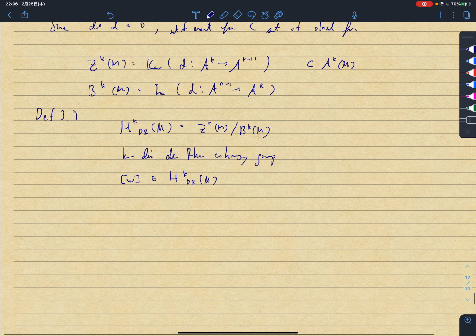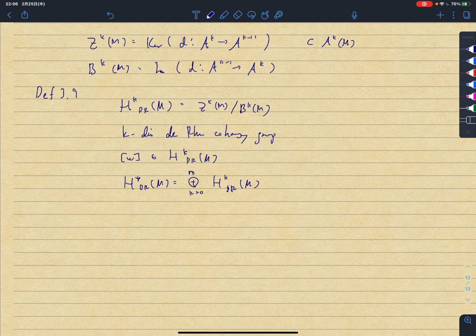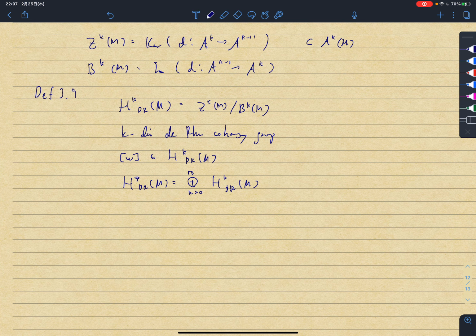Also, we call the direct sum of H^k_dR(M), of course n is the dimension of this manifold, the de Rham cohomology group of M.